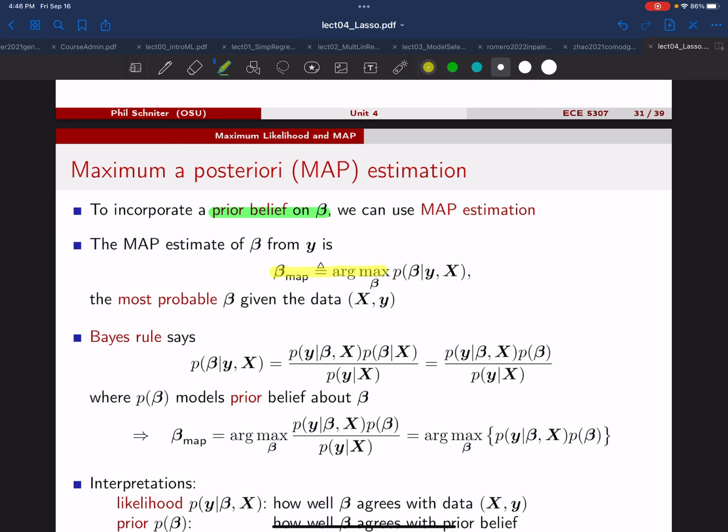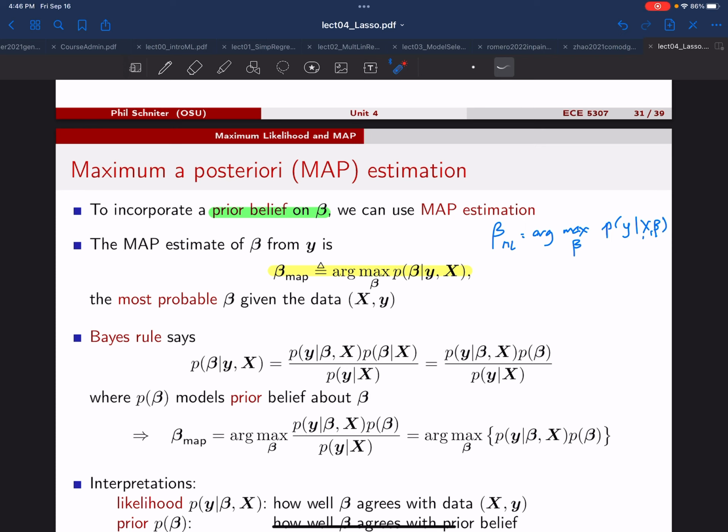So instead of doing maximum likelihood, remember maximum likelihood was, let me write it. Beta maximum likelihood was the arg max over beta of the probability of y given x and beta, just for reference.